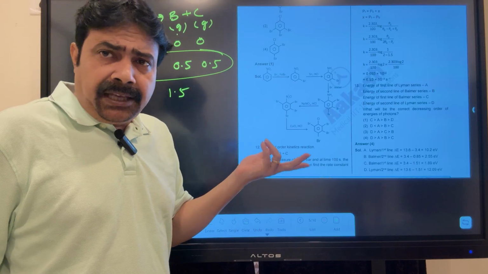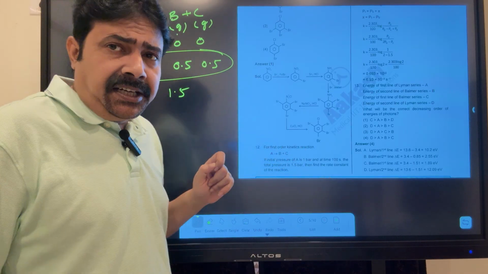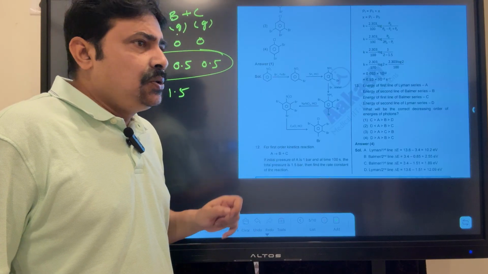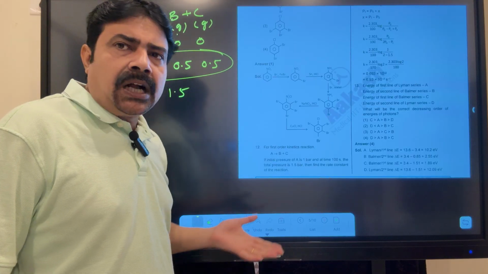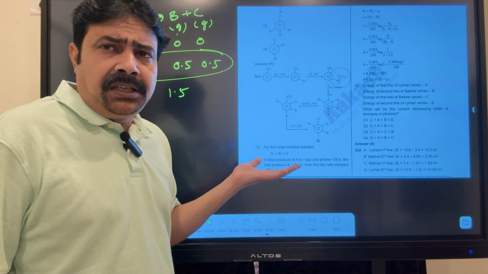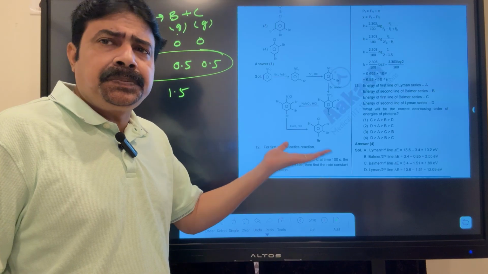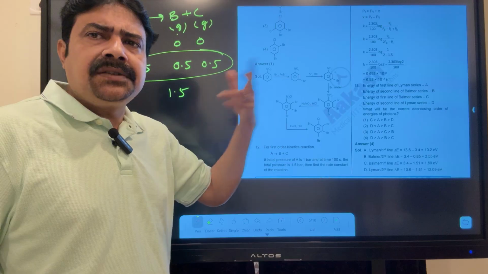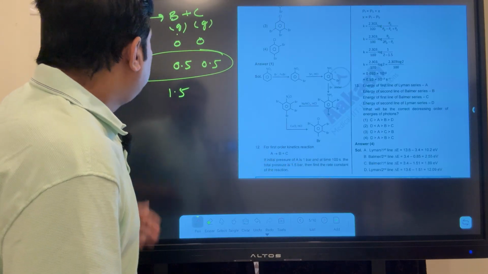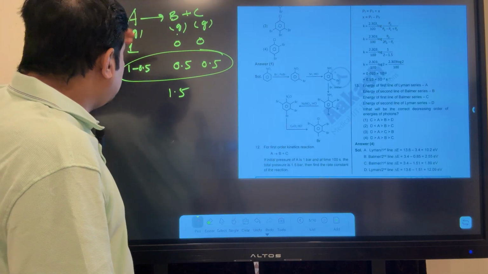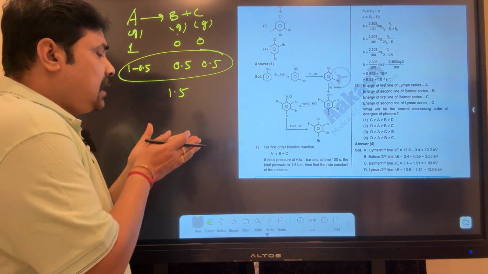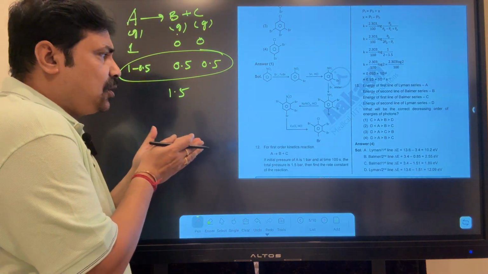That means half the amount is disappearing. It's like a half-life. And this is first order kinetics, they already told. You know that in case of a gaseous reaction we can consider pressure, and in case of concentration given, we can consider concentration. So after 100 seconds, the pressure of the reactant is half. So 100 seconds is your t half.